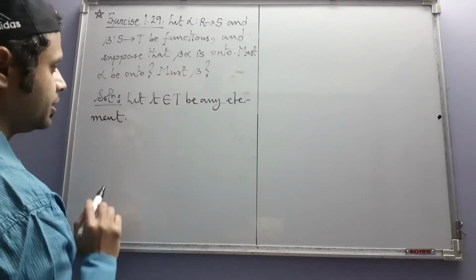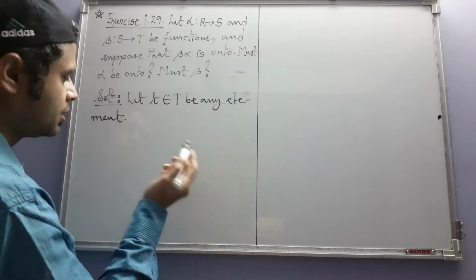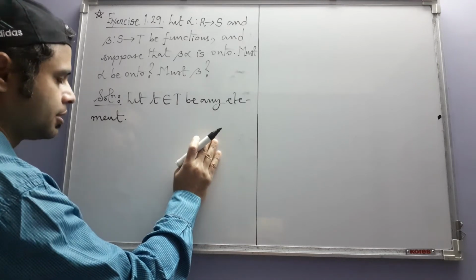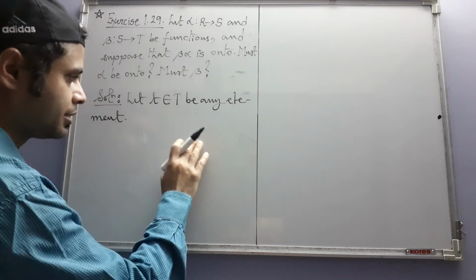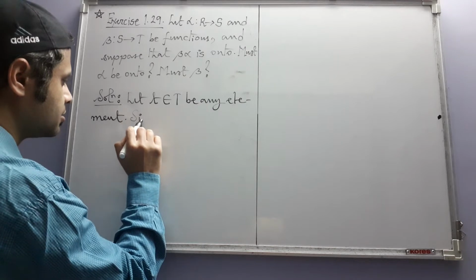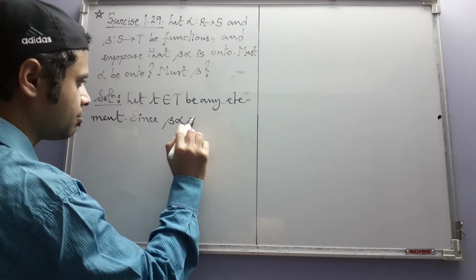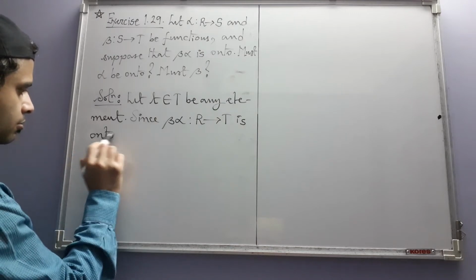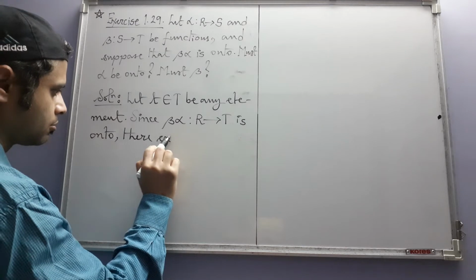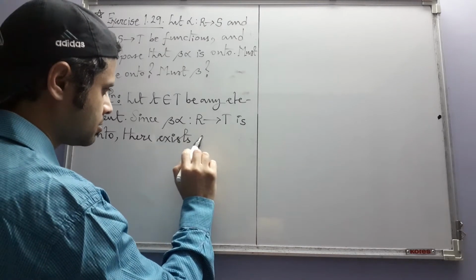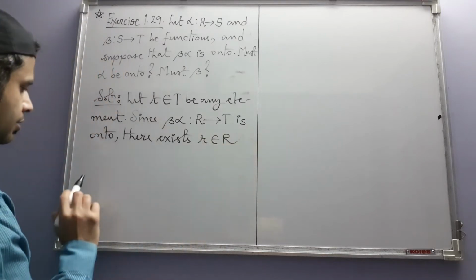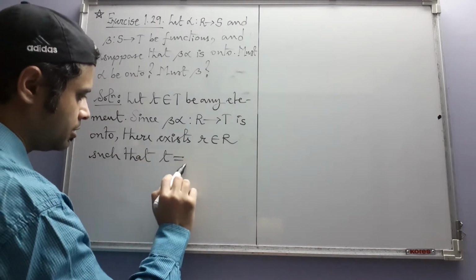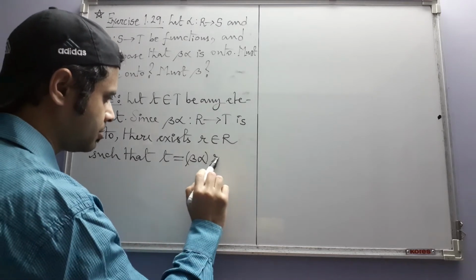Now note that the function beta alpha is onto, it is given to be onto, but beta alpha has domain R and the range, or what you sometimes also call codomain, the second set, is T. So we write like this: since beta alpha from R into T is onto, there exists an element r in R such that t is the beta alpha image of r.